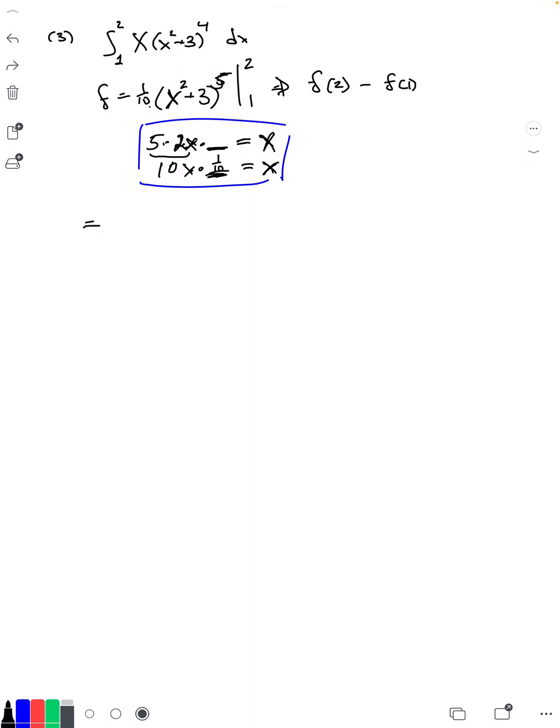So we're gonna have 1/10 multiplied by 2 to the power of 2 plus 3, to the power of 5. All of that is minus 1/10 multiplied by 1 to the power of 2 plus 3, and that to the power of 5.